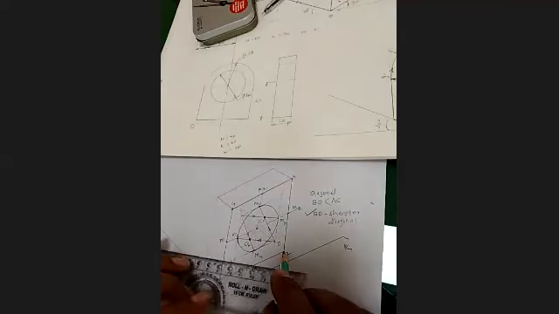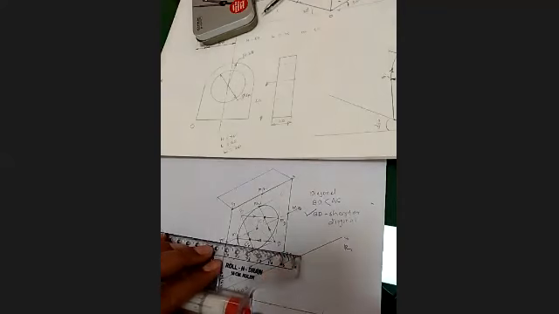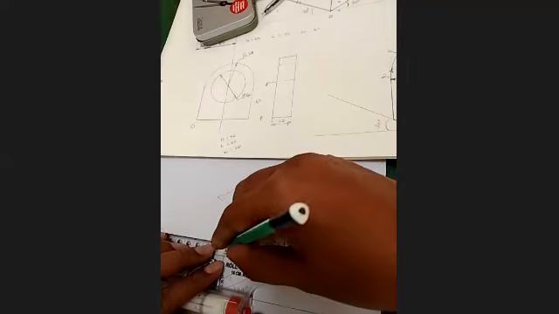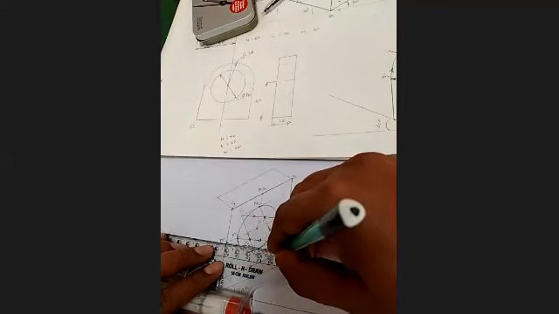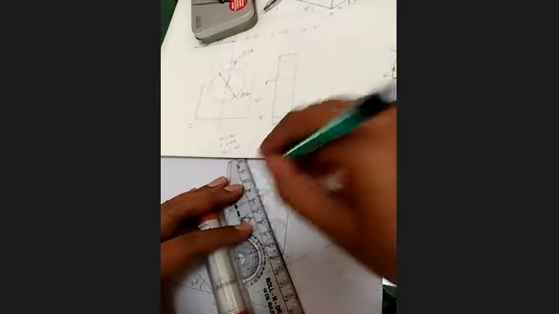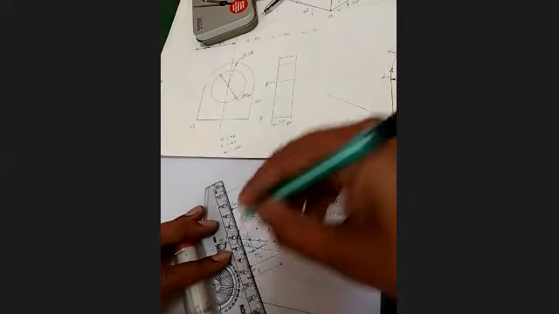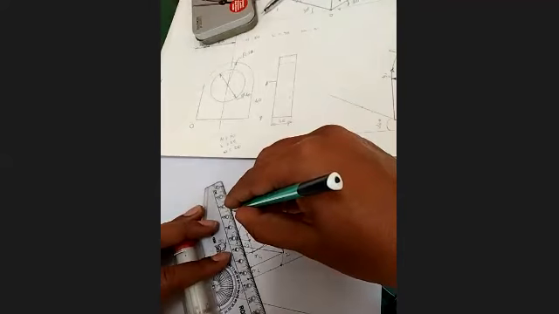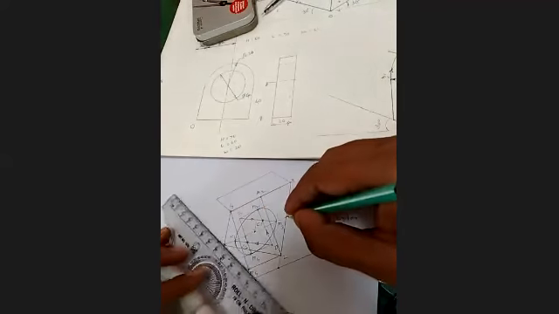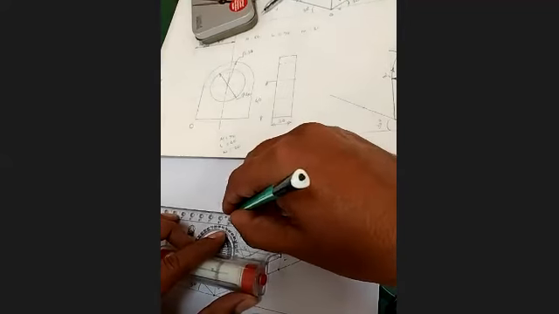So, join from 2 the midpoints opposite to 2. Then M4 and M3 through point 4, corner number 4.